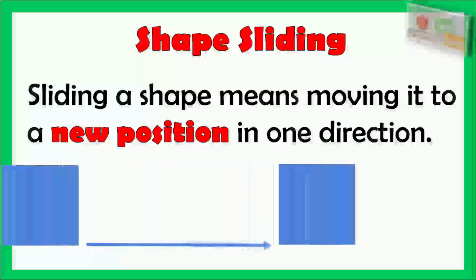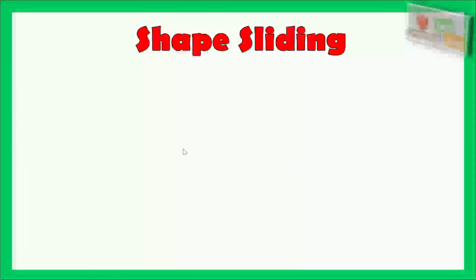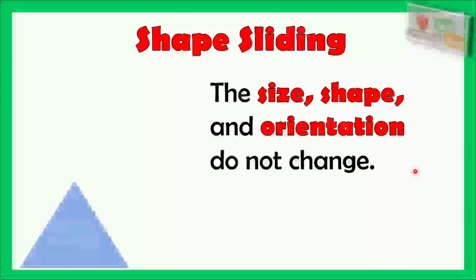So from the square, we slide to the right, and it is still a square. The size, the shape, and orientation do not change.